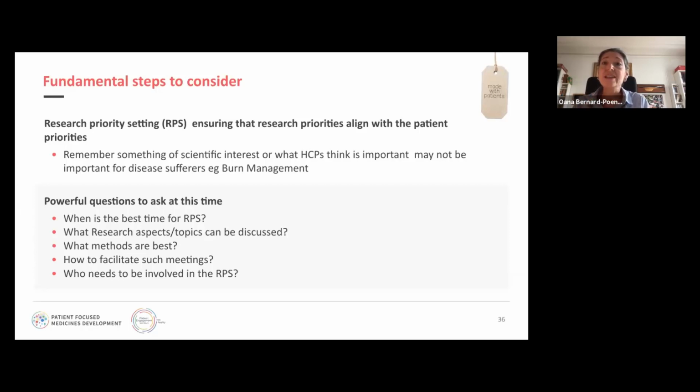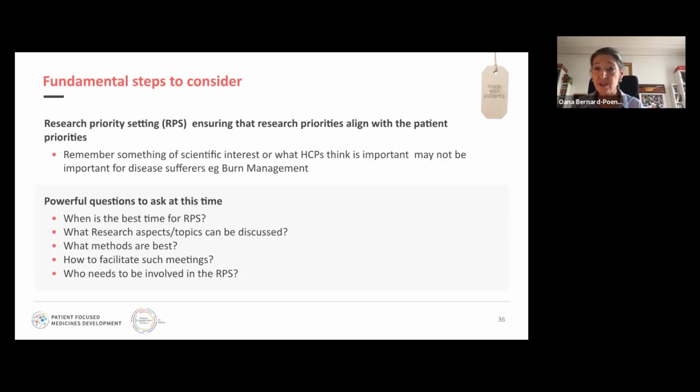So then, practically speaking, when you have defined this, how to align these research priorities with the practical things. This is the time to ask some powerful questions. When is the best time for research priority setting? When should this dialogue happen in the research cycle? Clearly this needs to consider the pharma timings, because developing a drug is done in several steps over several months or years sometimes, and there are really critical times where this dialogue should occur.